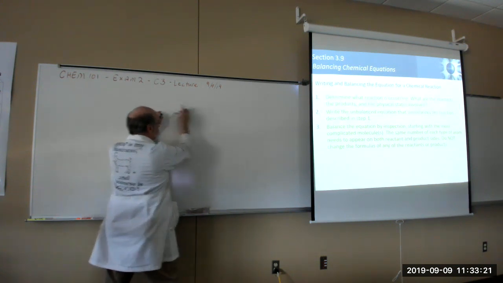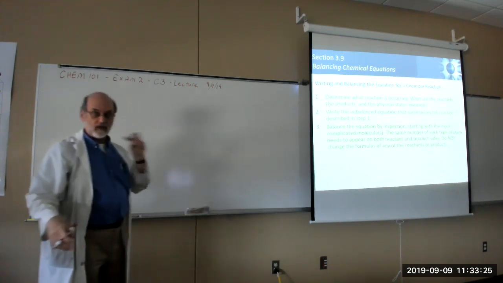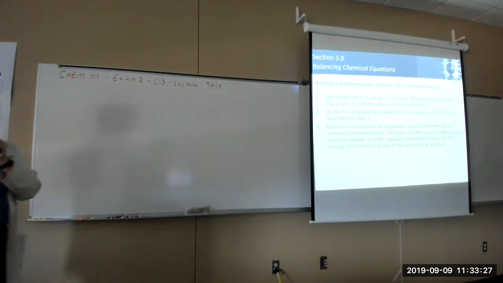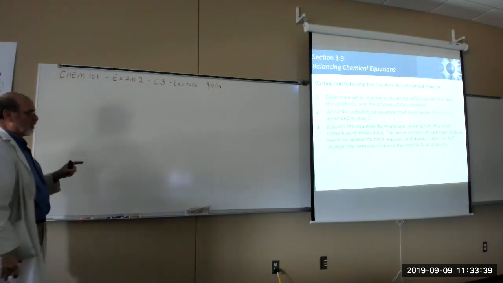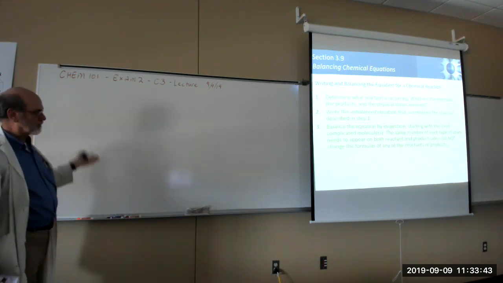This plus that yields this plus that plus whatever. That's why I hammered learning how to write compounds from the names. If you give them the names, you've got to be able to write the compounds. Otherwise, you're stuck, just spinning your wheels.